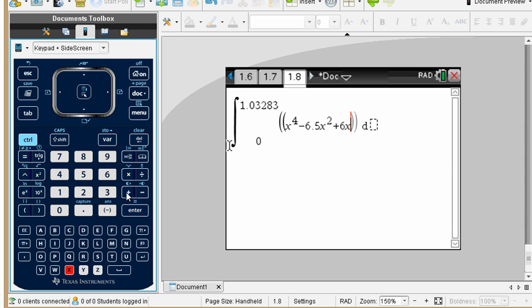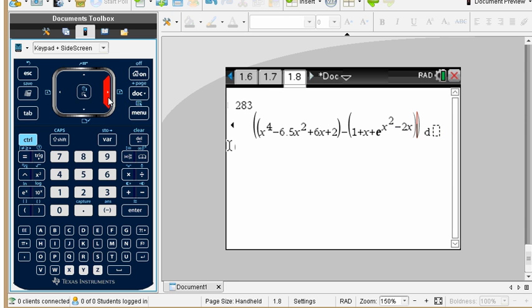Okay, and we're going to come outside and subtract the other function, f of x, which is 1 plus x plus e to the power of x squared minus 2x. Okay, and then I think that's all right, dx, and then make sure we're to the right, and then we add.